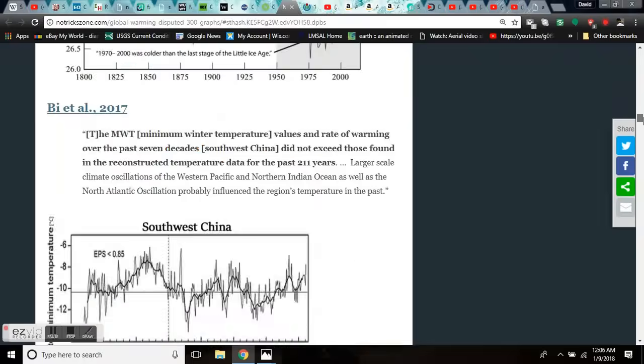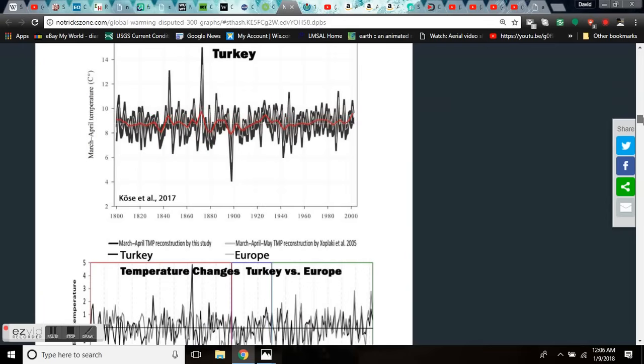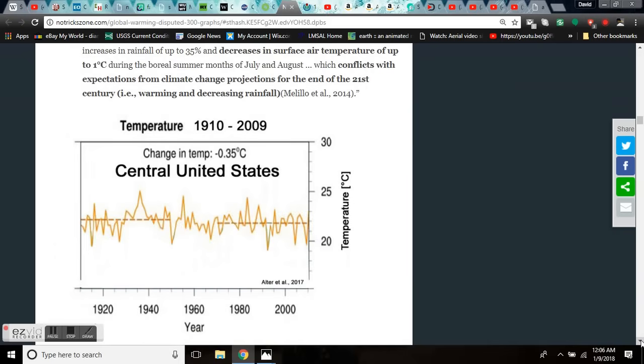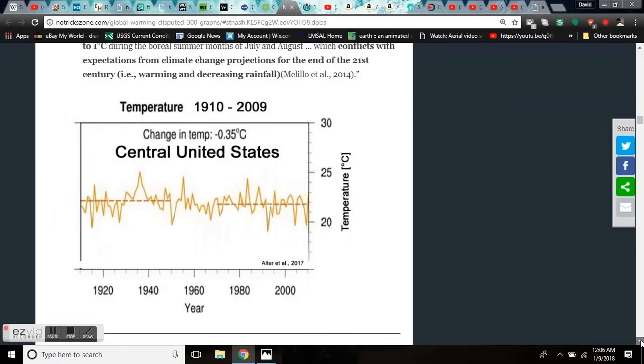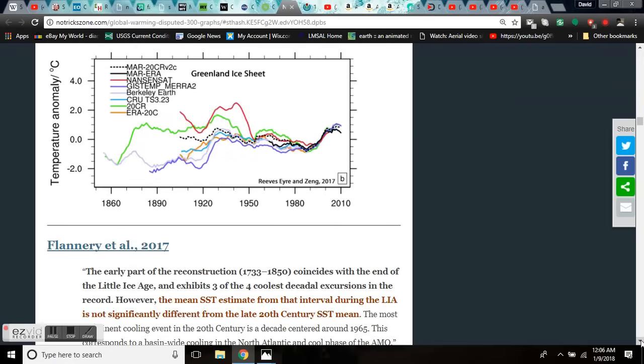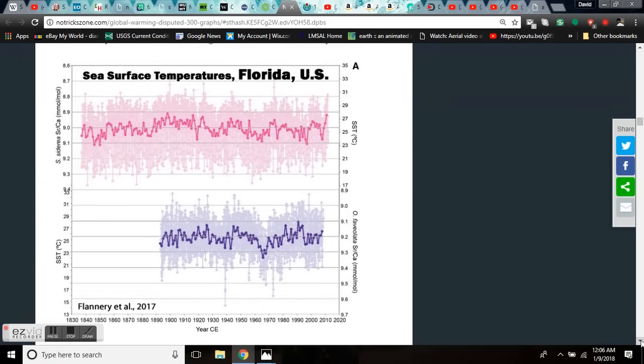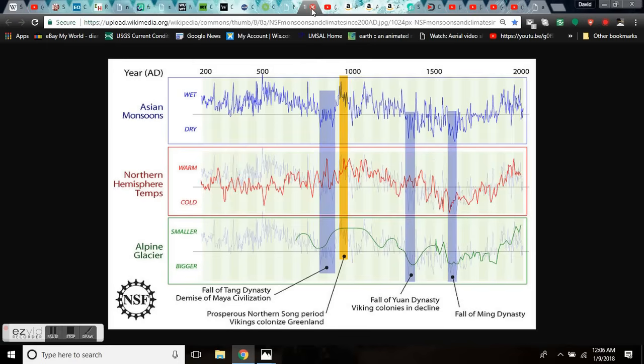We'll quick look and get some more historic data here. Turkey. Turkey had a spike down during the centennial minimum. The central US, that's modern. Florida, there will be snow. You get the picture. Do your own homework.